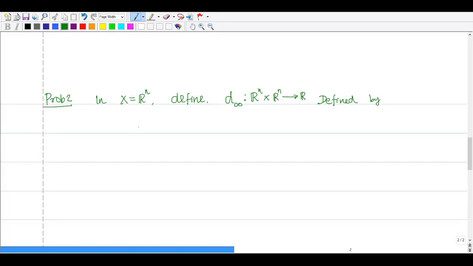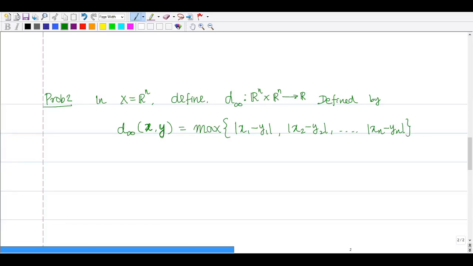d infinity of x comma y, which is equal to the maximum of modulus of x1 minus y1, modulus of x2 minus y2, up to modulus of xn minus yn. You have this.